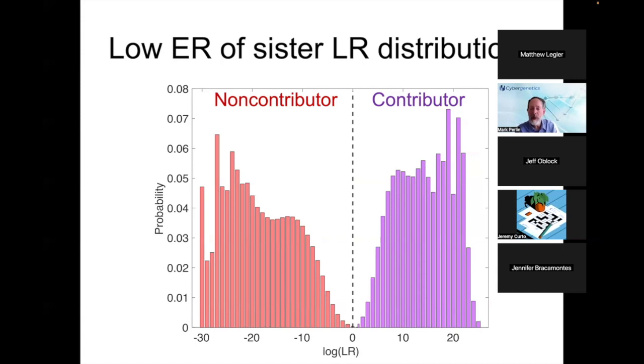How do we know that the contributor distribution of these match statistics that we reported on, of 100, basically from 100 to about a trillion in this study, why can we rely on them? And the answer is we know statistically that they're classified as contributors because we look at the non-contributor distribution and look at the right tail around zero.